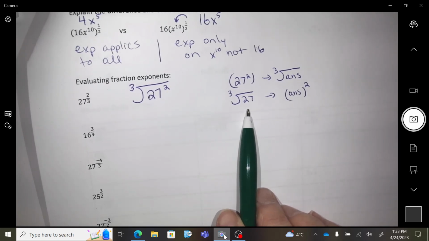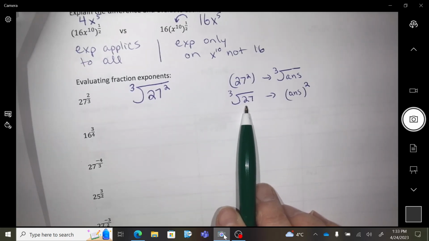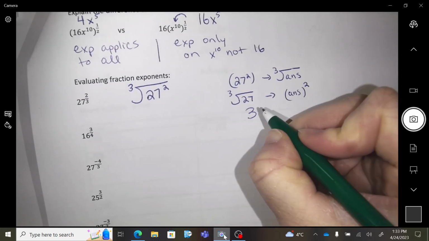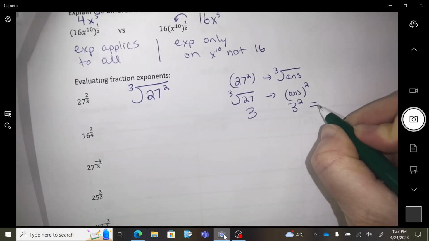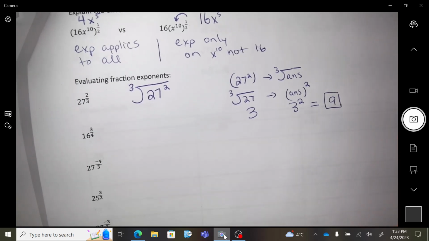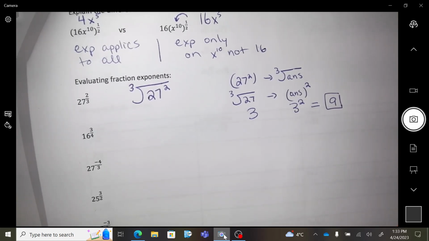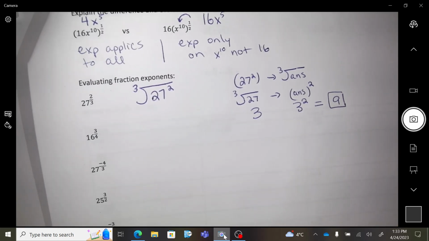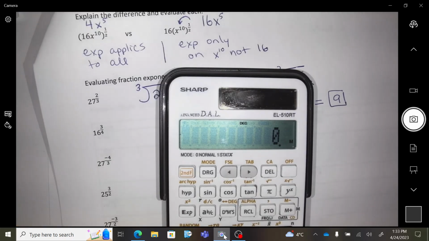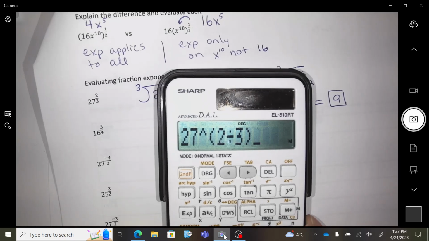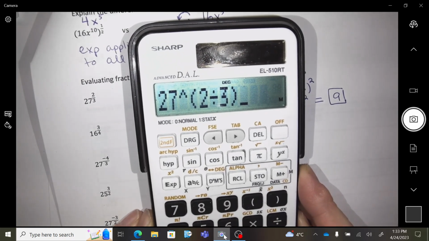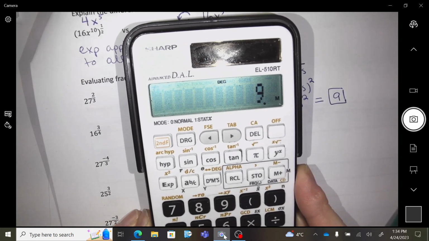What times itself times itself? 3. And then 3 squared is 9. That's it. Okay, so this is why I'm not letting you use your calculator. 27 to the 2/3 equals 9.